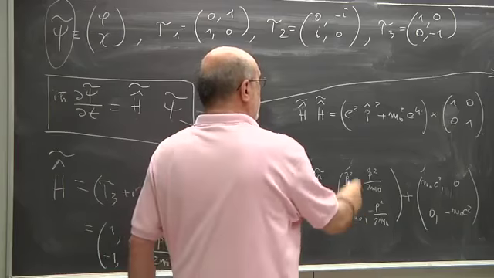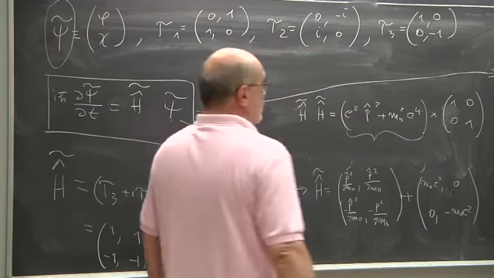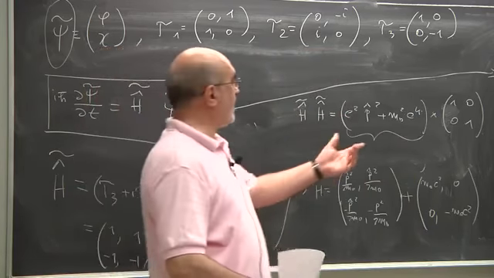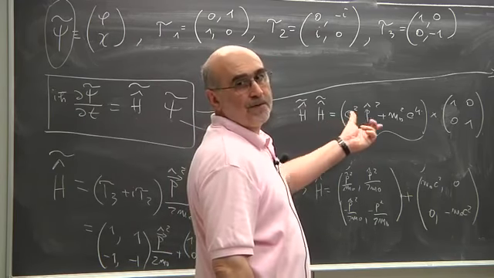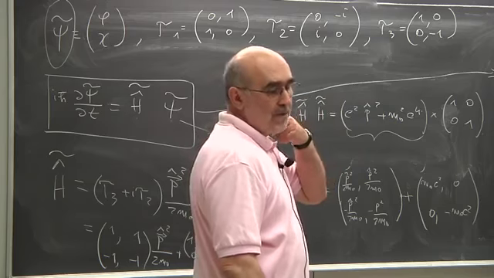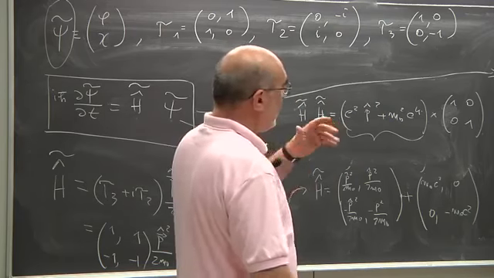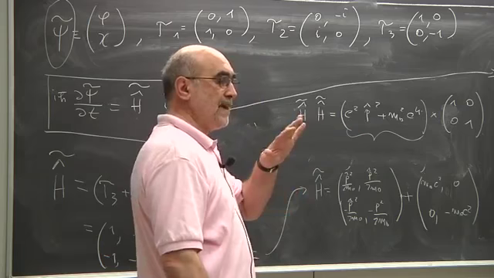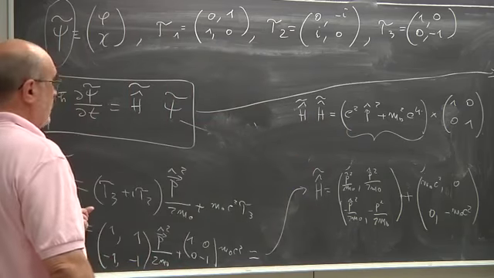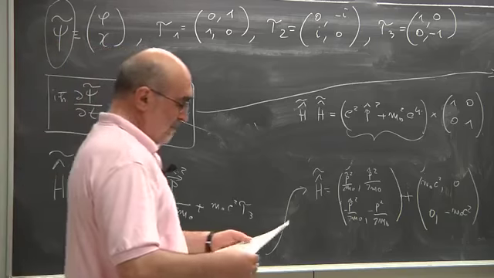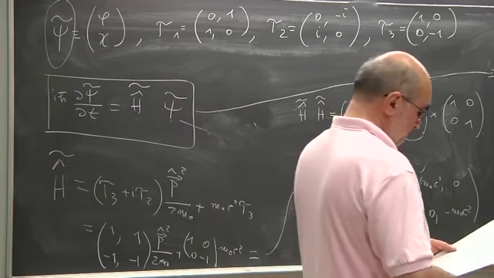But this is the usual Klein-Gordon equation. So somehow this is the Klein-Gordon operator, or something like the square root of the Klein-Gordon operator. We will find out later on that there is a better way to do the square root. But this operator done twice gives me the Klein-Gordon equation.